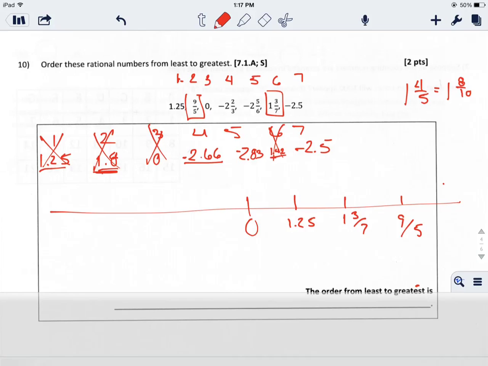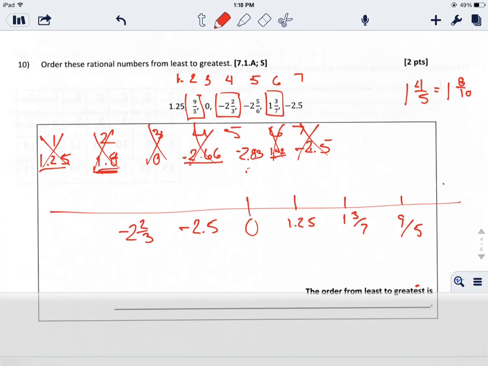We just have these 3 negative numbers left. So remember, the ones that are closest to 0 are going to be greater. So here we have number 7, in original form, was -2 and 5 tenths. And then 4 and 5. 4 is going to be closer to 0. Remember, 4 was originally written as -2 and 2/3. So -2 and 2/3.